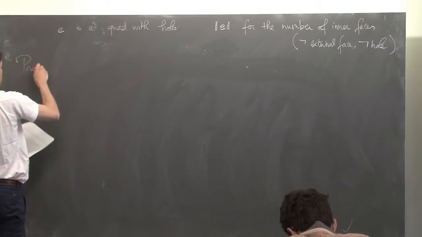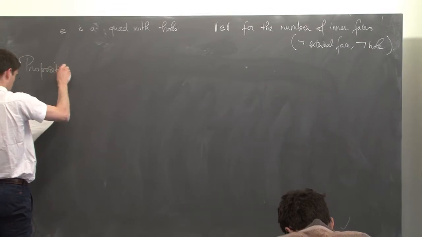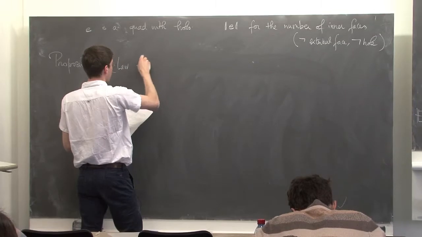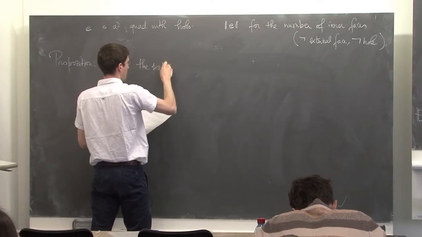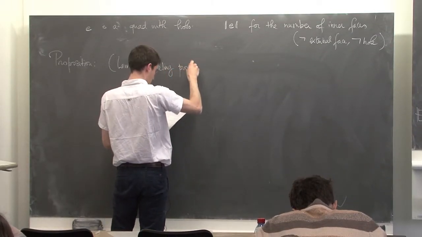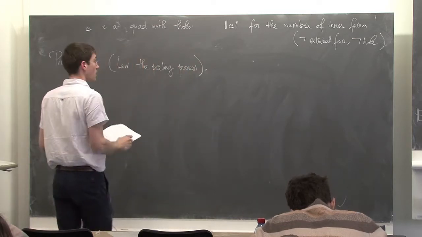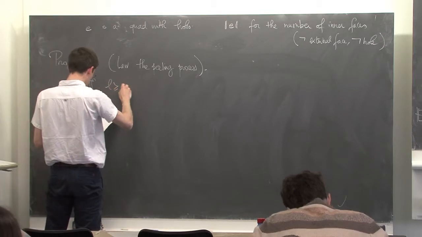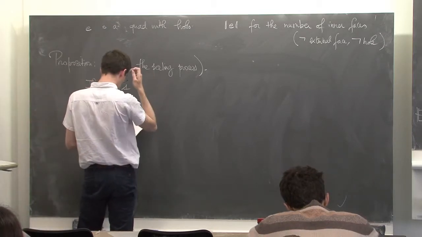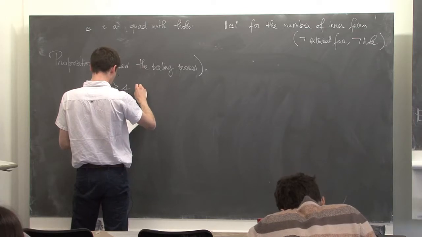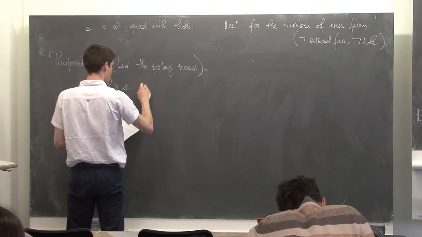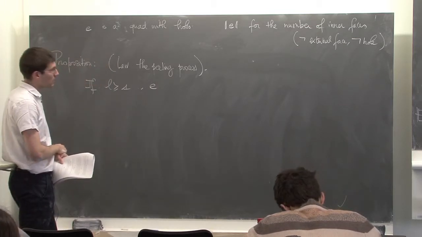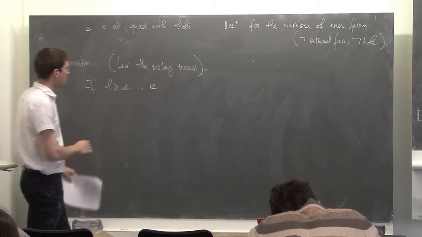Then proposition, which totally describes the law of the pinning process. So if L is bigger than 1, and let's say E, you will confuse with En.